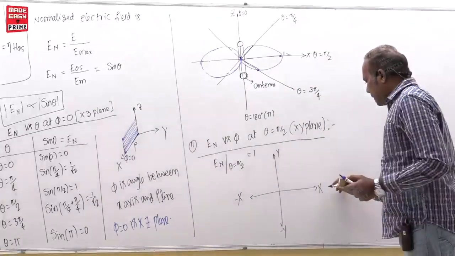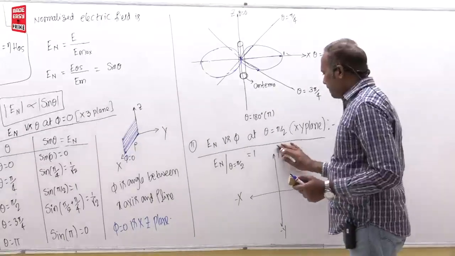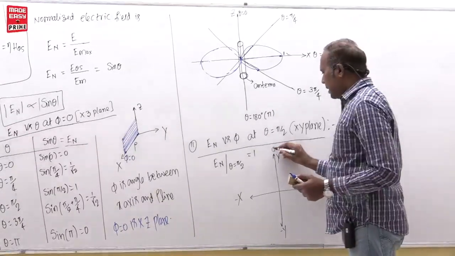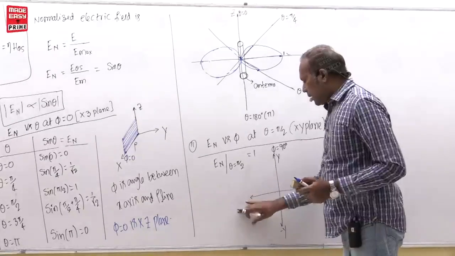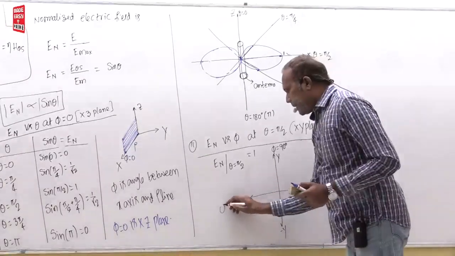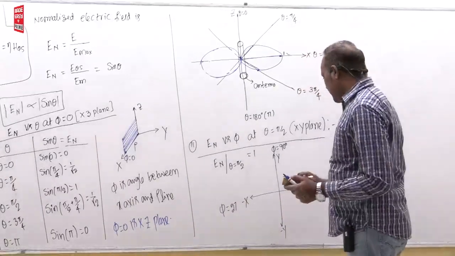Let us draw here. This horizontal angle is 0, and on the y-axis the horizontal angle is 90 degrees.